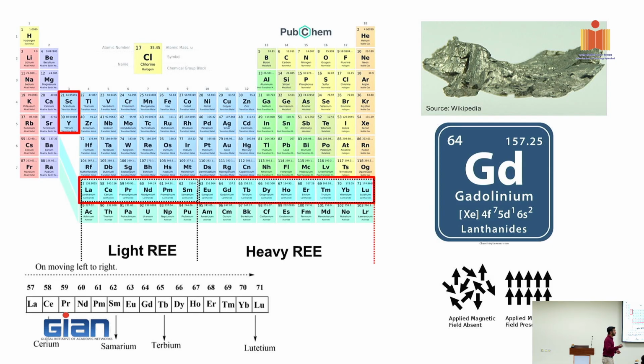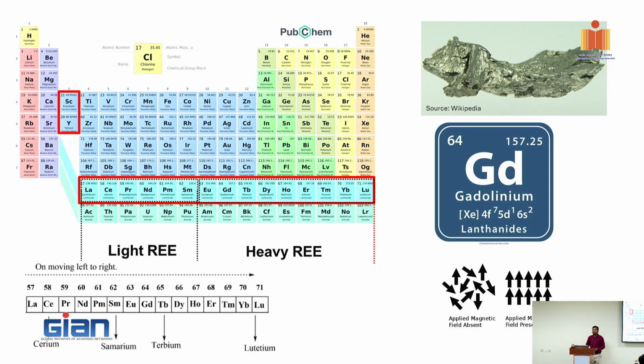When the atomic radius is too big, it is also difficult to attach with bigger molecules. So gadolinium sits exactly in the middle of the 17 rare earth elements, and it is the most paramagnetic among them. So it is used as a contrasting agent, which I will discuss in the next slide.